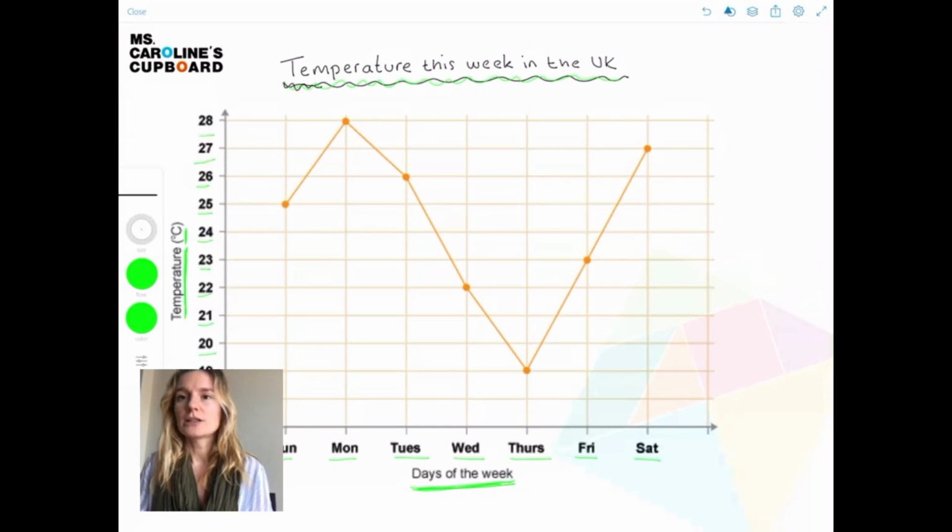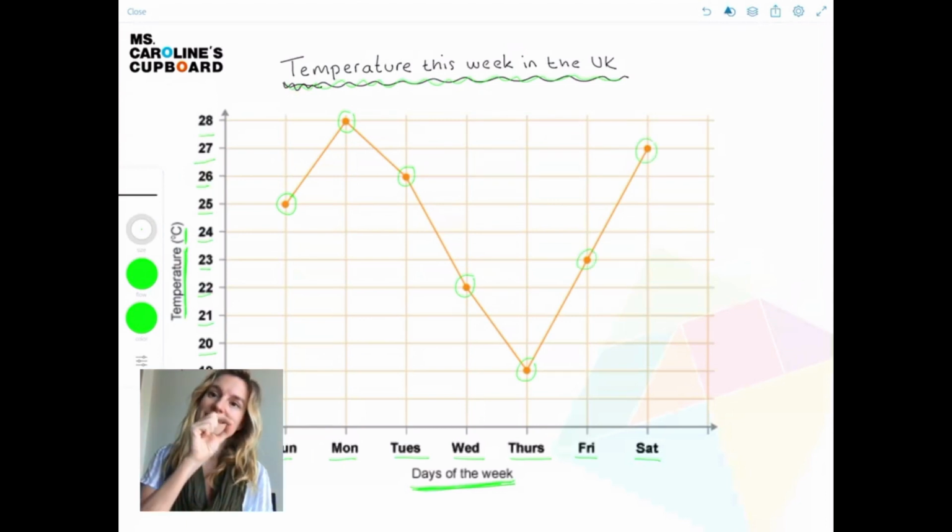What else do we see on here? We have got points plotted on our graph, haven't we? We've got little points. I'm just circling them now. So these are our data that's been plotted. And between each point, we have a line that's been drawn. Between the Sunday and Monday points, there's a line.